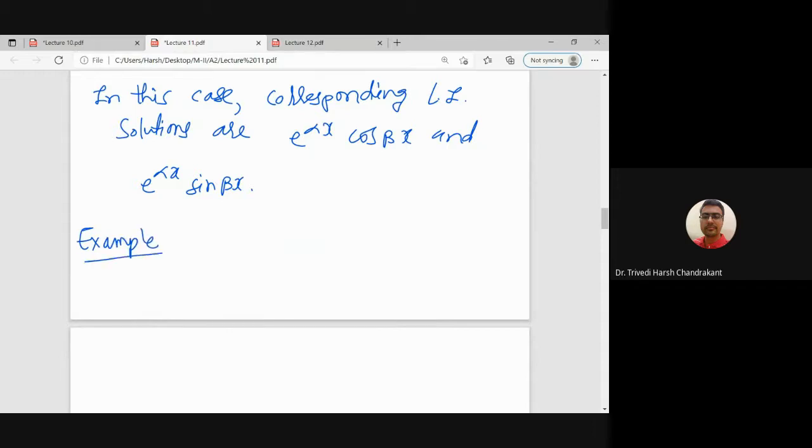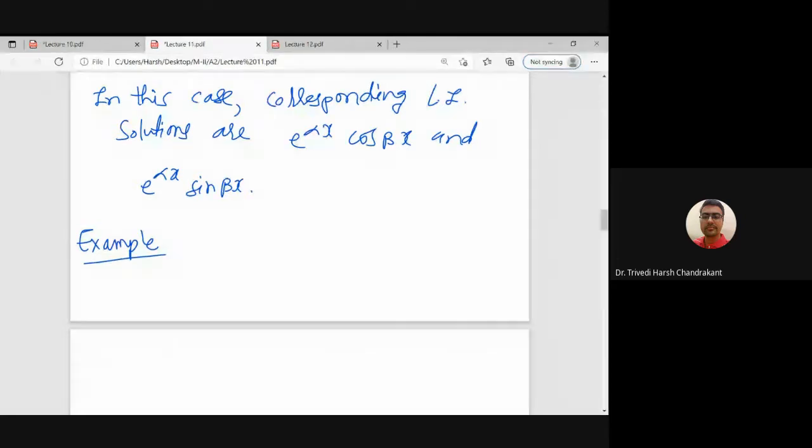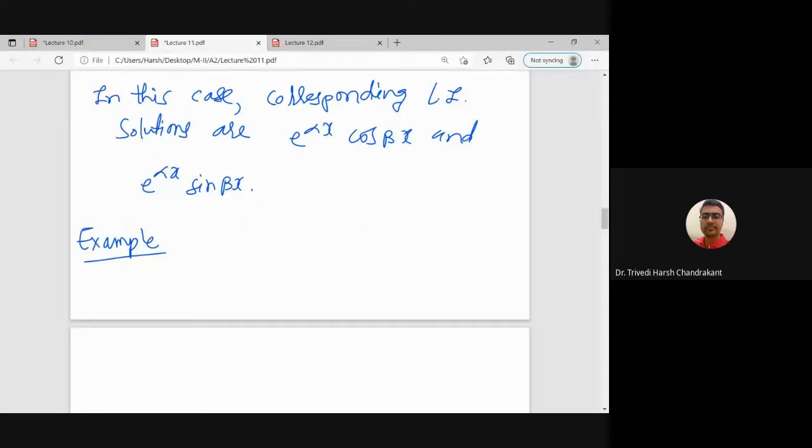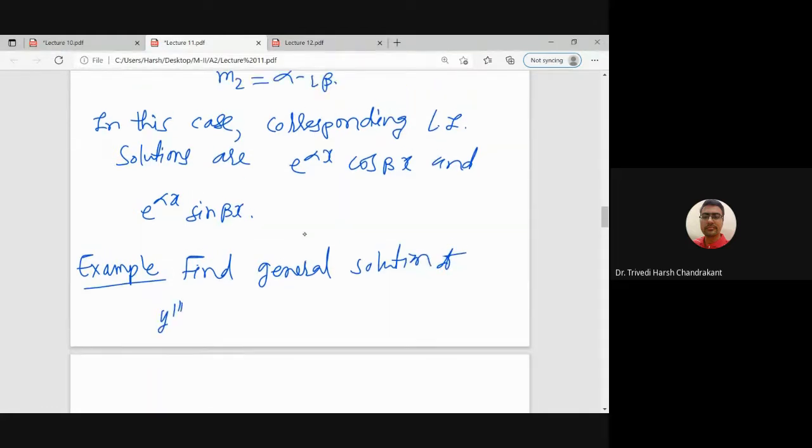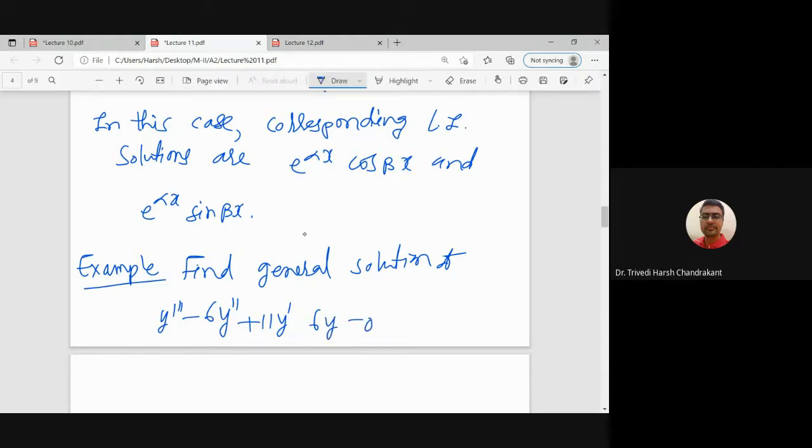So let us see some simple examples. First example: we are given a differential equation, find the general solution of the third order differential equation, that is y triple dash minus 6y double dash plus 11y dash minus 6y is equal to 0.